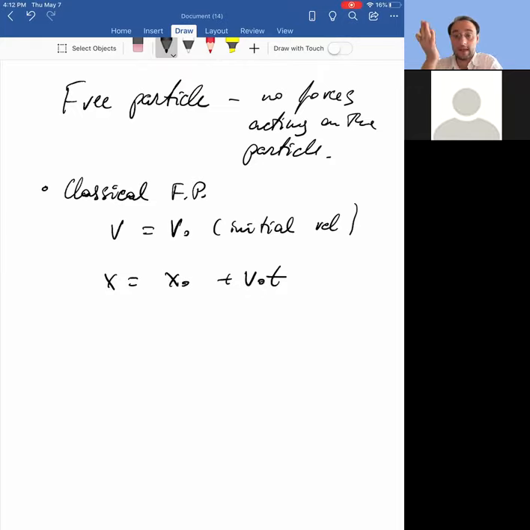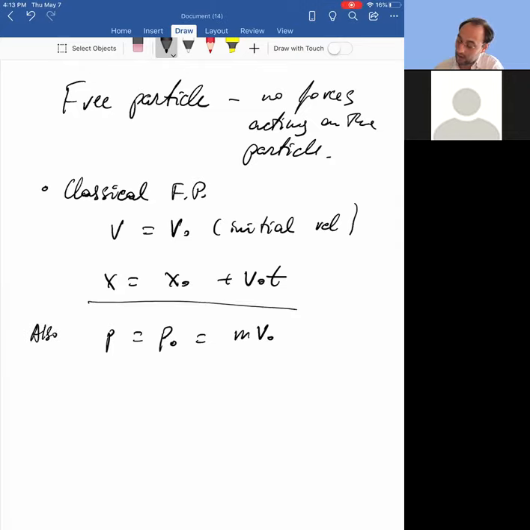That's it. You can also describe momentum, which is m times the initial velocity. You can also describe the kinetic energy, which is 1/2 p squared over m.